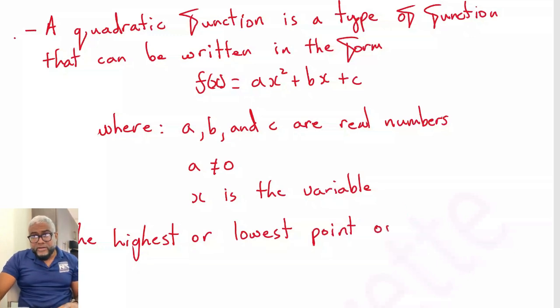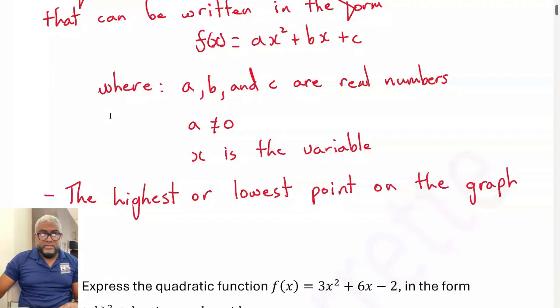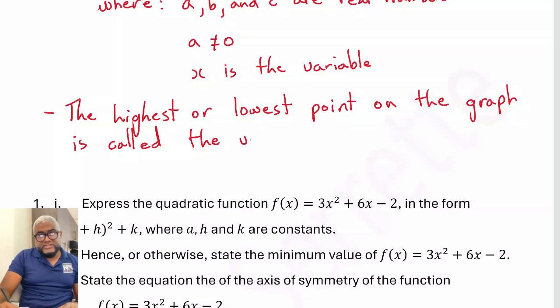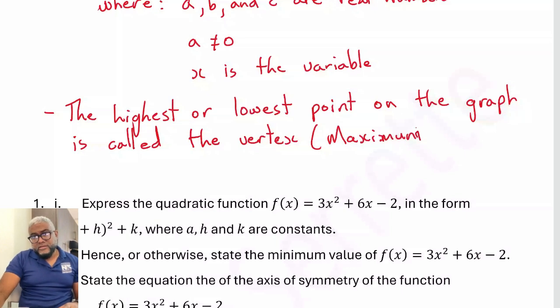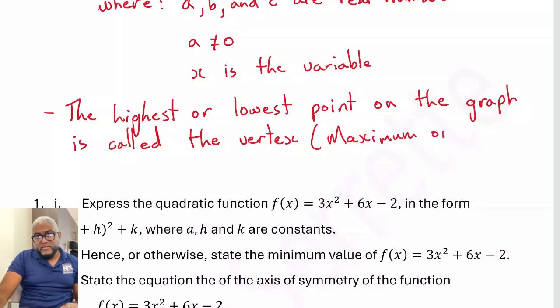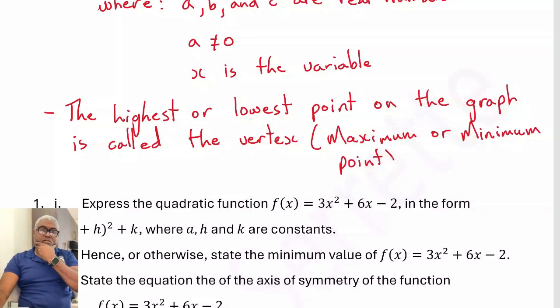On the graph, it is called the vertex, which is basically a maximum or minimum point.